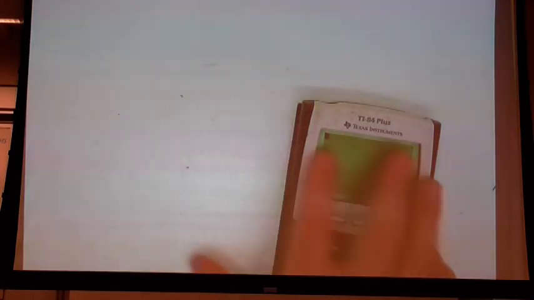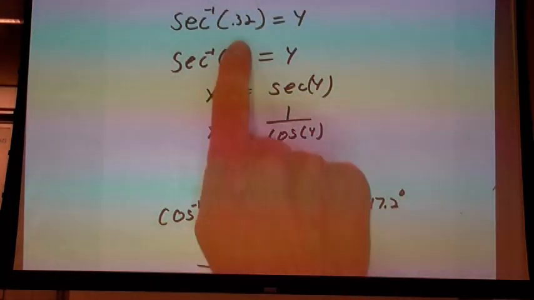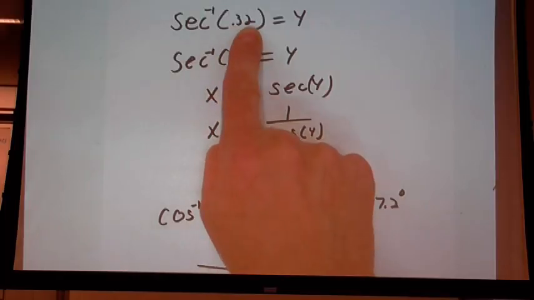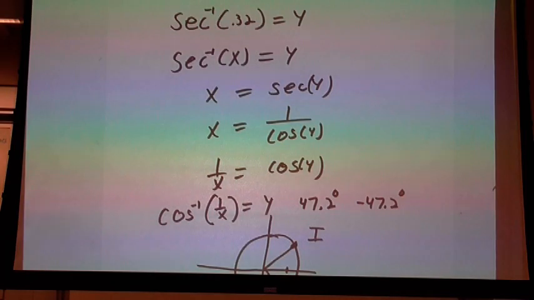Do you see what my error is? 0.32 isn't in the domain. When I plugged this into the calculator, it didn't work because 0.32 is not in the domain of the inverse secant, right? I'd have to change it here. There, now try it. It's good to know what happens when things don't work. Then you won't be thrown when they happen to you.